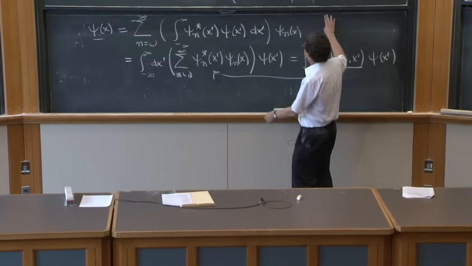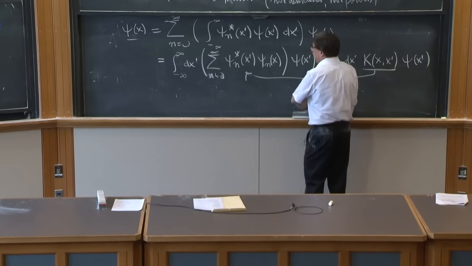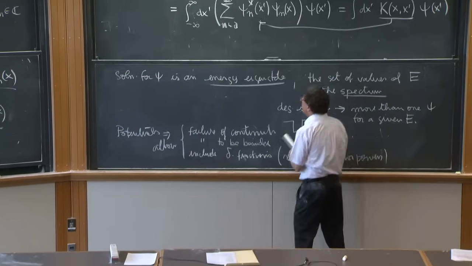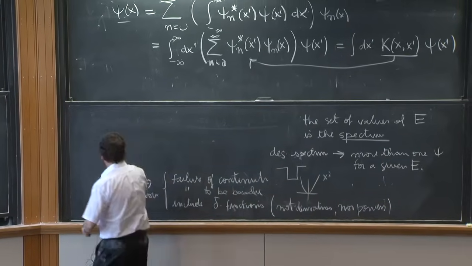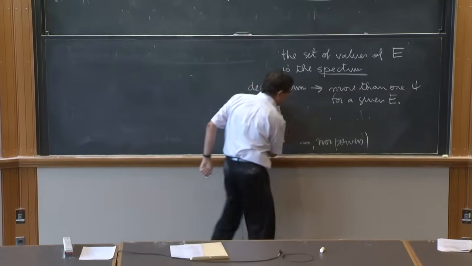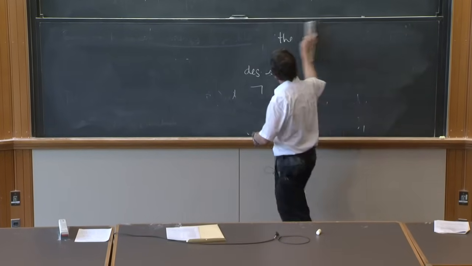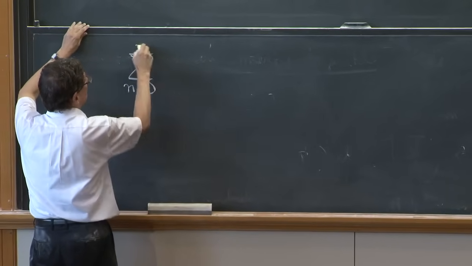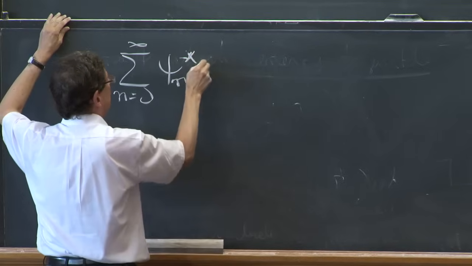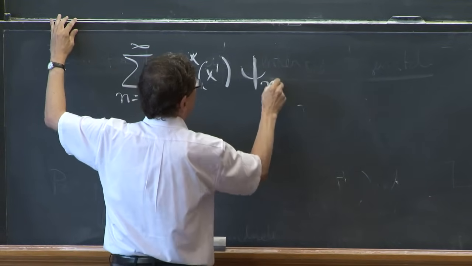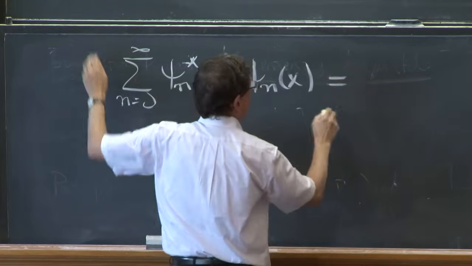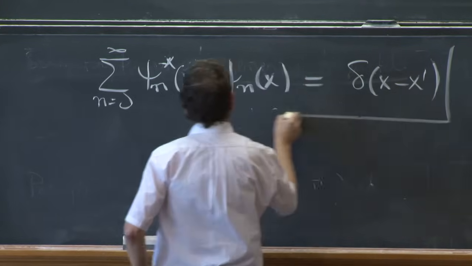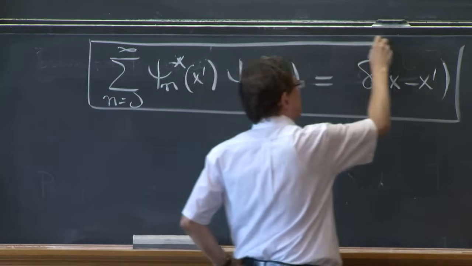And therefore, the claim is that we now have a very curious identity that looks as follows: the sum over n equals 0 to infinity of psi n star of x prime, psi n of x is actually delta of x minus x prime. So this must be true.